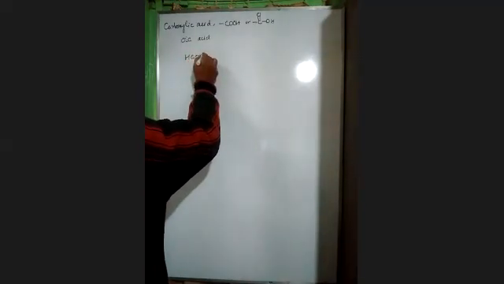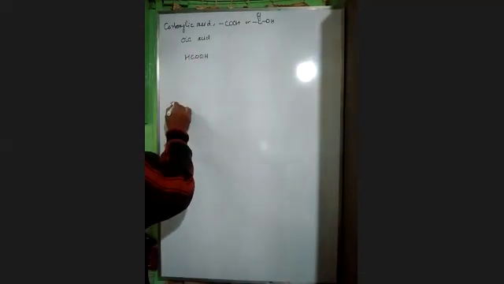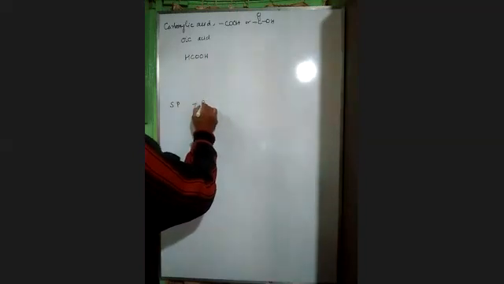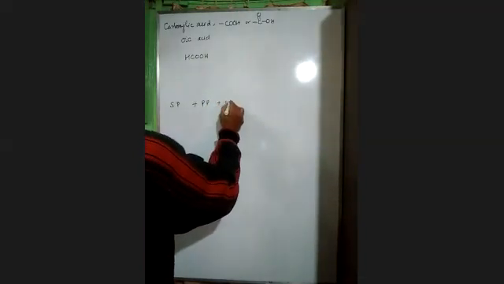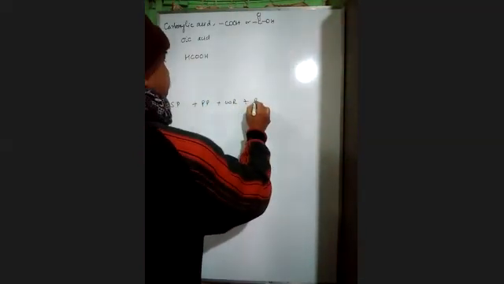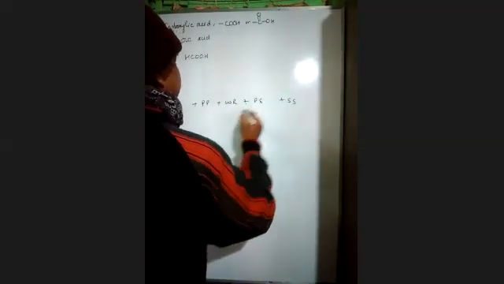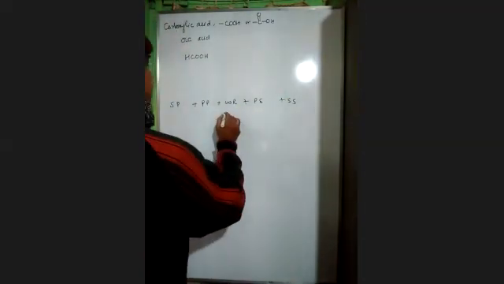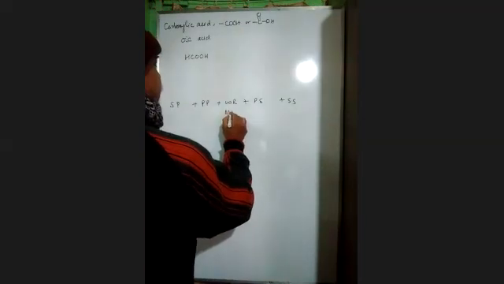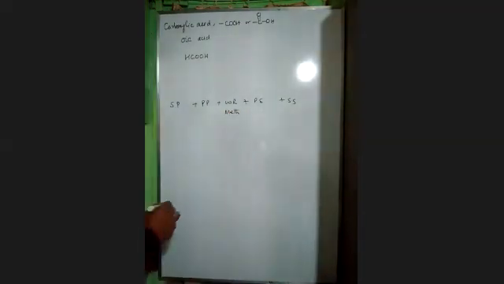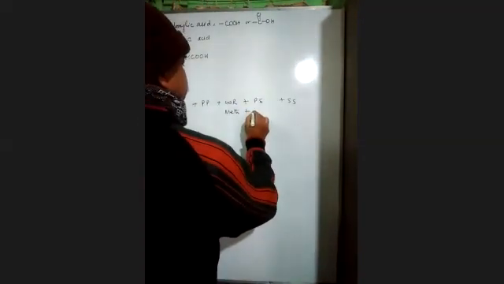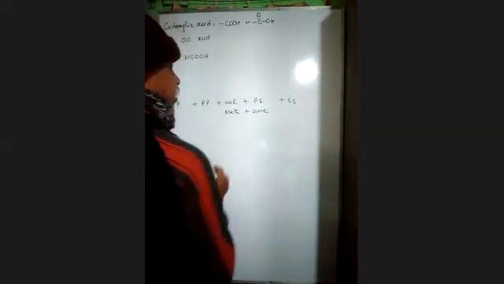So say you have gone for SP, PP, WR, PS, SS. Only one carbon. So what will this be? No double bond or triple bond, carbon-carbon.